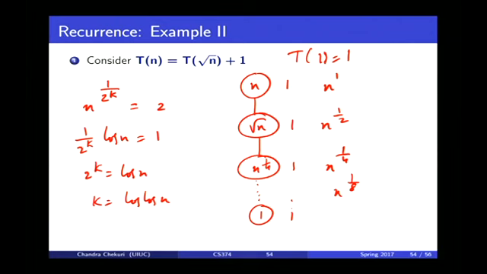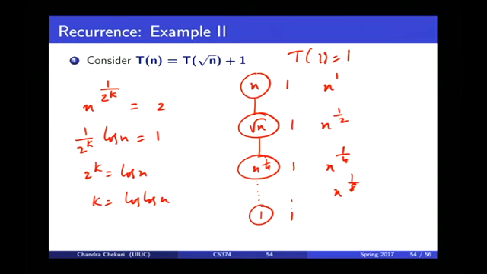The 2 is there only because if you go to 1, what happens is, if you put T of square root of n as the same as 1, but T of 1 is 1, so you'll get into an infinite loop if you don't stop at 2. My base case really should be at 2.